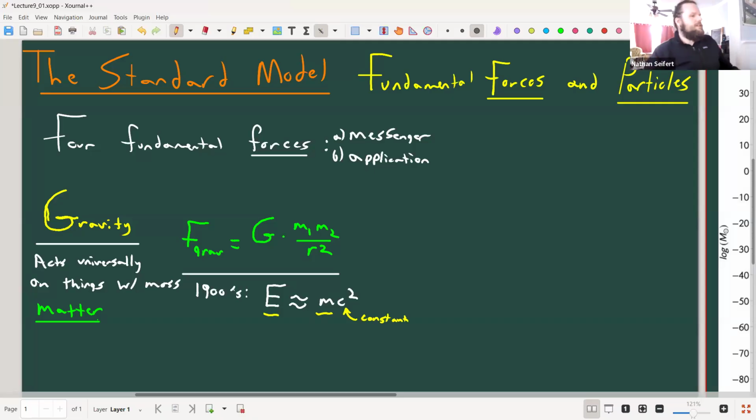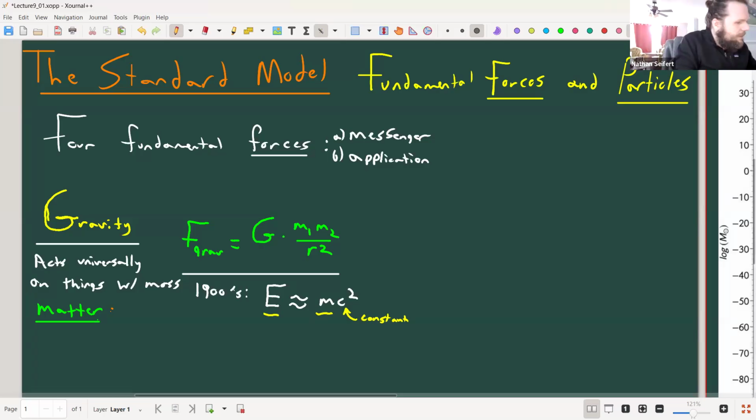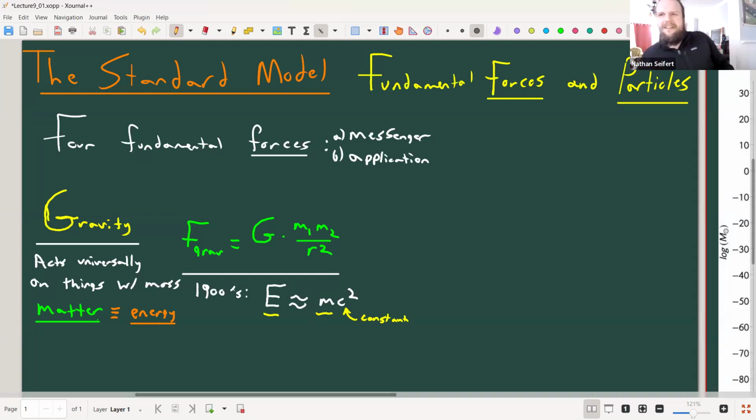So gravity in some sense, at high energy, at high speeds, at relativistic speeds, is also a theory of energy as well. But is that true? What about energy?